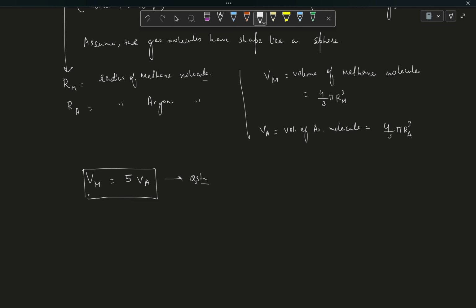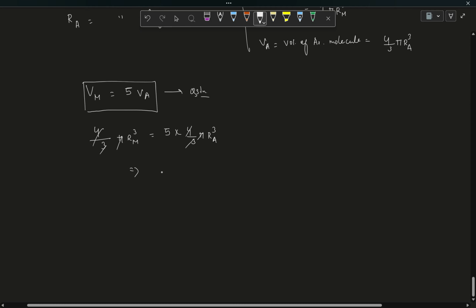So if that is the case, we can also take out the radius ratio for these two cases, because we can write Vm as 4/3 pi Rm cubed, and this is equal to 5 times the volume of argon, so 4/3 pi Ra cubed. The 4/3 pi cancels out from both sides.